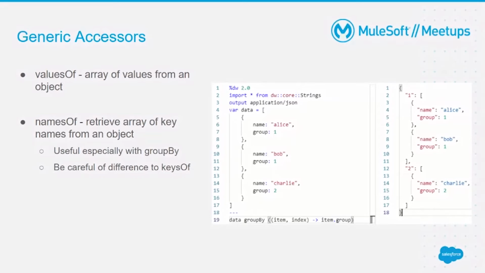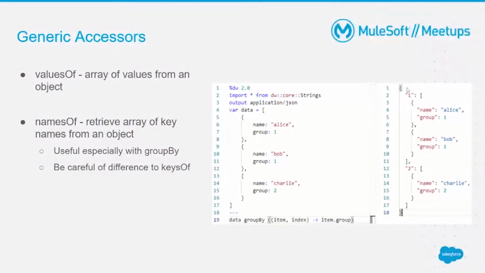The key here, 1 or 2, is the value of the conditional that you're using to sort these. So whatever set of buckets you've got, the keys here are going to be the values of each of those buckets. So whatever item.group outputs, that's how it's going to sort these, and that's what it's going to name each of these arrays.